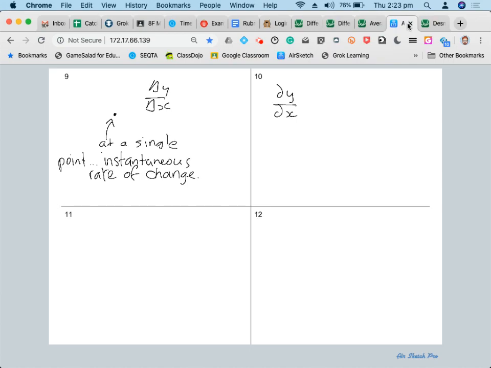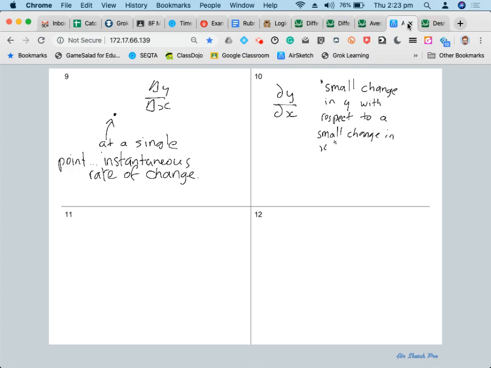And this means a small change in y with respect, which you normally write as WRT, to a small change in x.